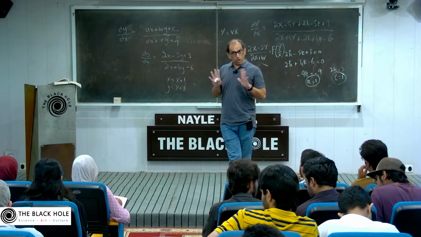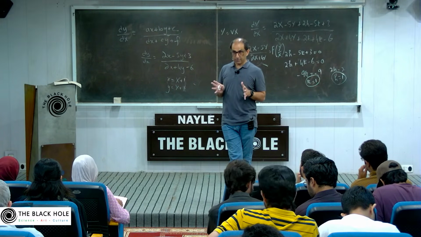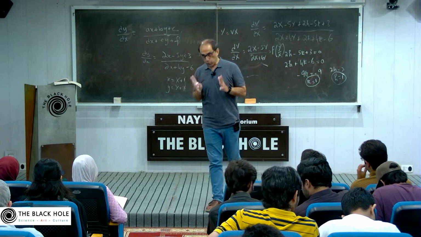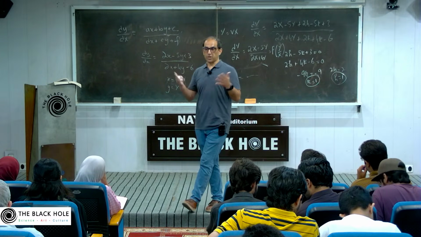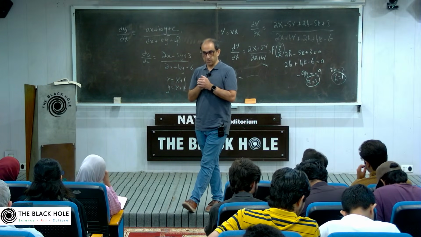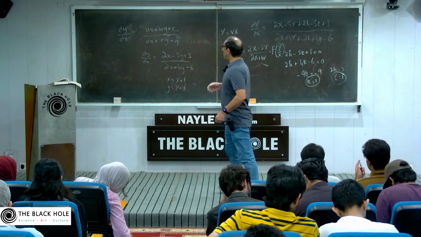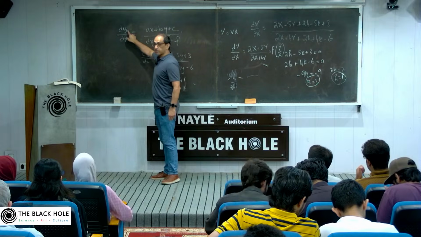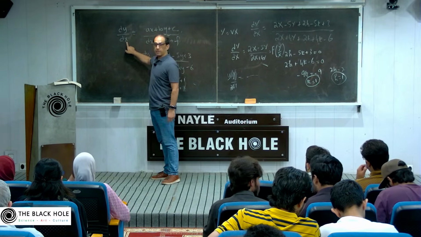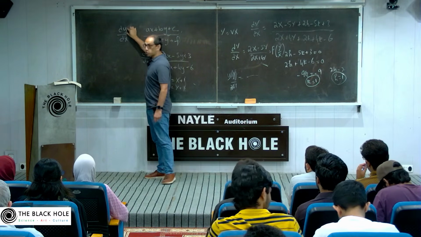In physics and mathematics, you have equations which come about from looking at the system, and the basic thing is there is a dependent variable and an independent variable. I need to solve this.